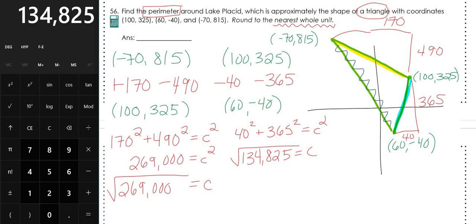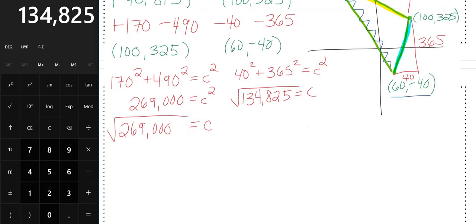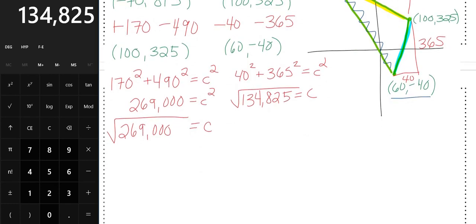So we're going to grab the negative 70, 815 and the 60, negative 40. Give myself a little bit of room. Okay, so for our last set of coordinates, we have negative 70, comma, 815. And then we have 60, negative 40.